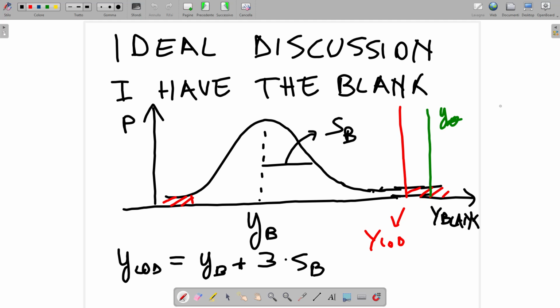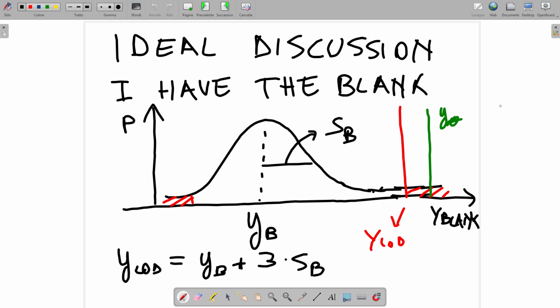It is under the limit of detection. But if the signal falls in the tail, I say the quantity of analyte in my sample is significant. It is significantly higher than the minimum signal.